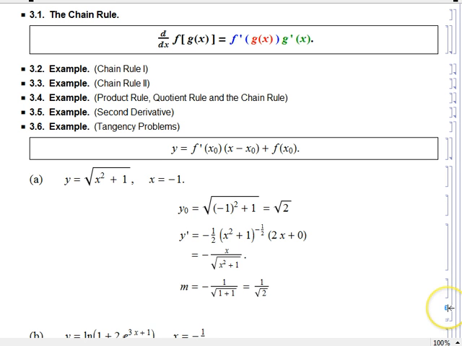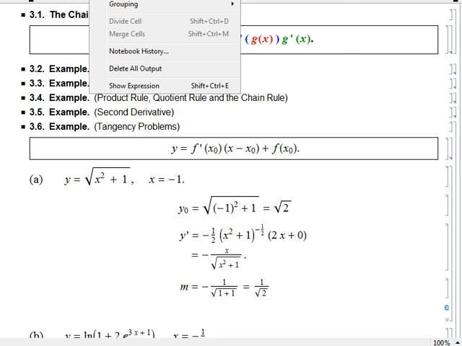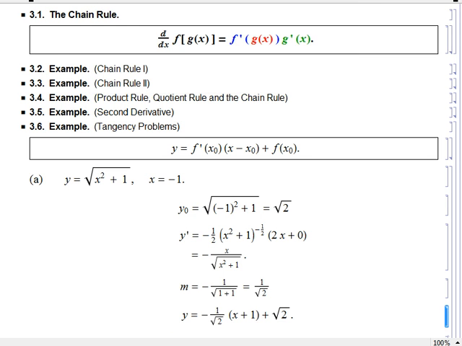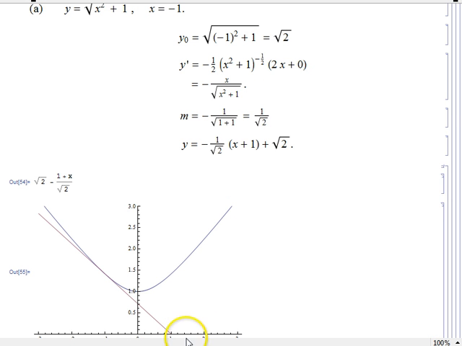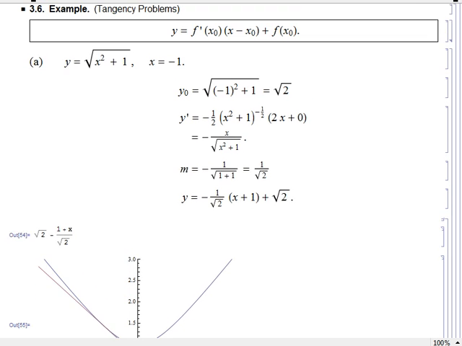And then putting these all together, we have the point-slope equation of the line. And here is the graphical justification, by the way, and we have a tangent line there at x equals -1. If you break up the parentheses and simplify a little bit, you're going to get the slope-intercept equation.